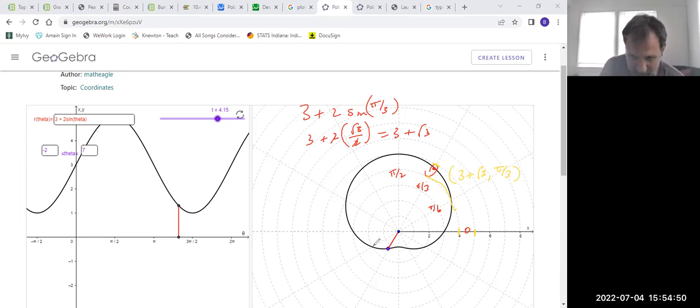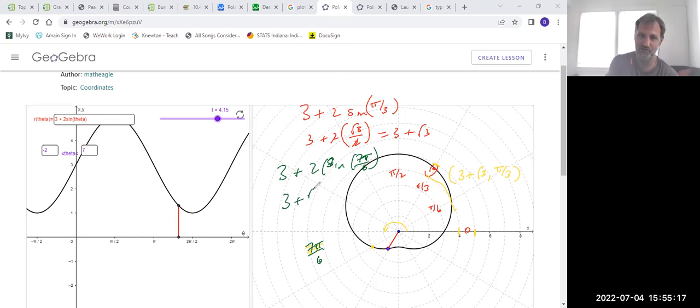Right, let's do another one. This one out here looks like a kind of a nice one. So we've gone full pi here. This is going to be 7pi/6. That's a terrible color. So what happens at 7pi/6? We've got 3 plus 2 times sine 7pi/6. 7pi/6 is going to give me a y value of -1/2.